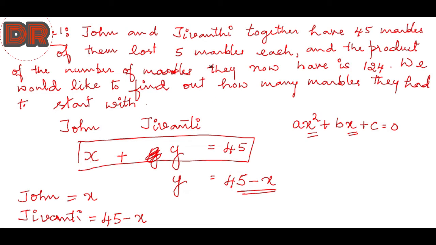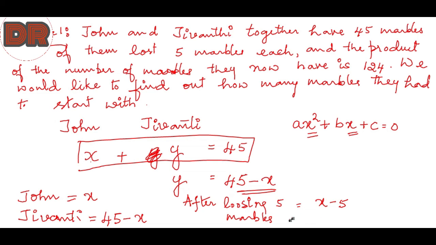The first statement we have expressed. Now, both of them lost 5 marbles each. Initially John had x marbles. After losing 5 marbles, what is John's count now? It is x minus 5. Why x minus 5? Because initially he had x and now he has lost 5 marbles, so the count is x minus 5.